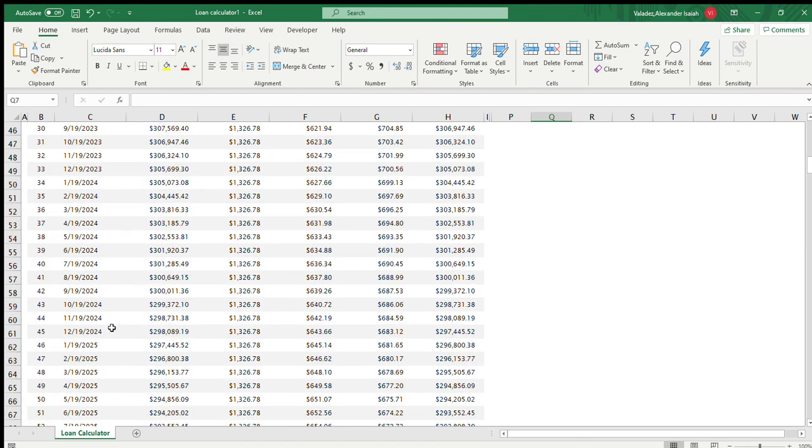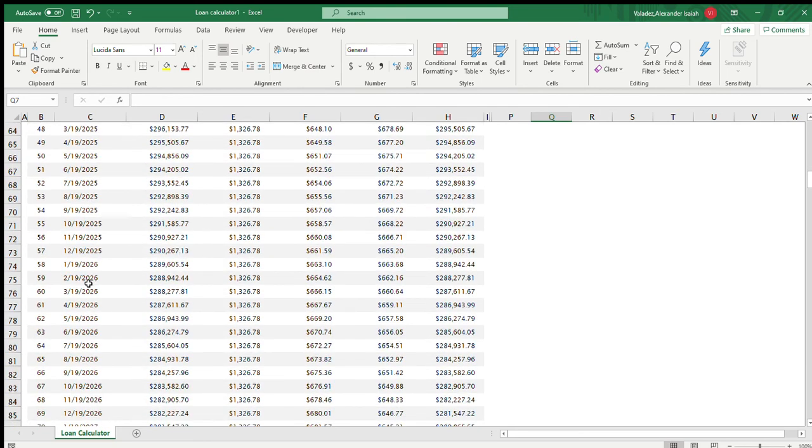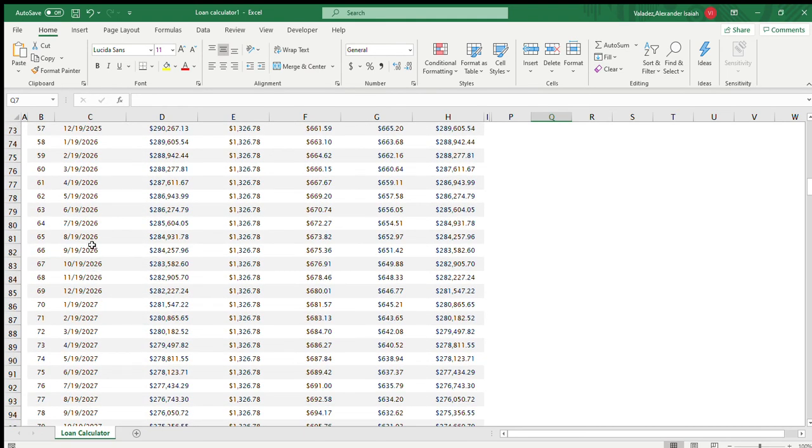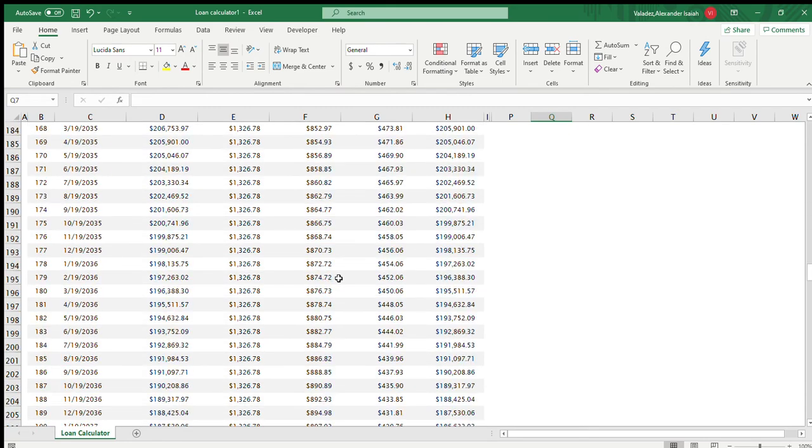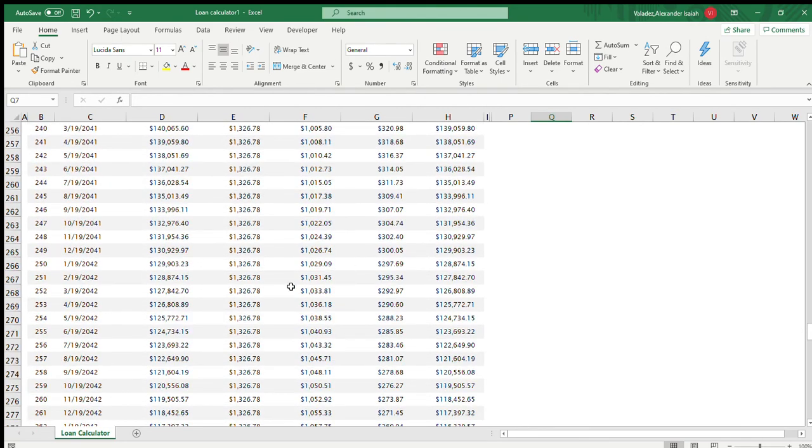But as we scroll down and get farther in your 8 years, if we're looking at 2026, that's where it starts to change. You pay about an equal amount in interest as you do as principal. And then as you get towards the end of the life of the loan, you see how that starts to change and you start paying more towards principal and less towards interest.